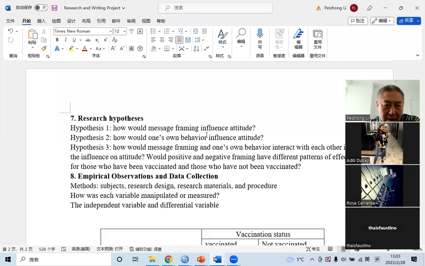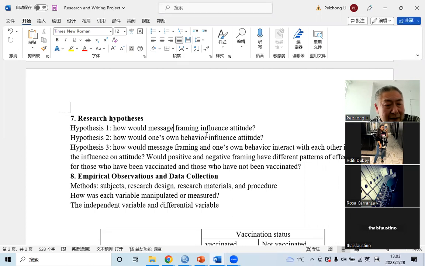My theory would be that positive framing is more effective. My hypothesis is that if I frame the flu shot public announcement as a gain versus a loss, people will have a much better attitude towards the flu shot.